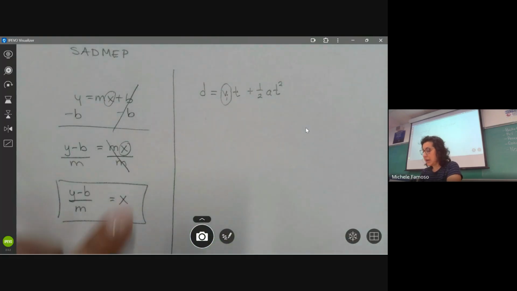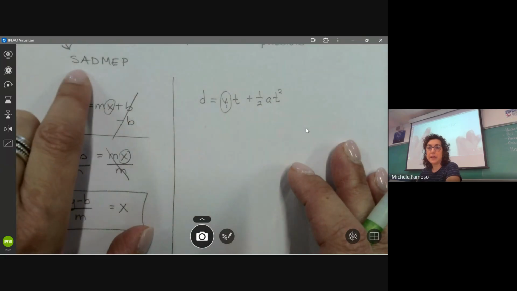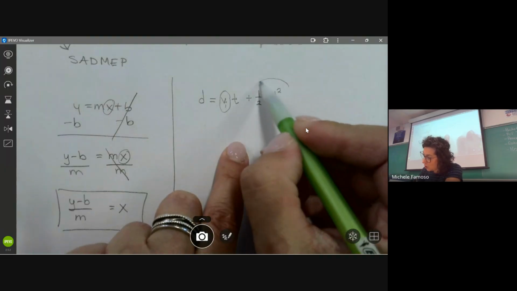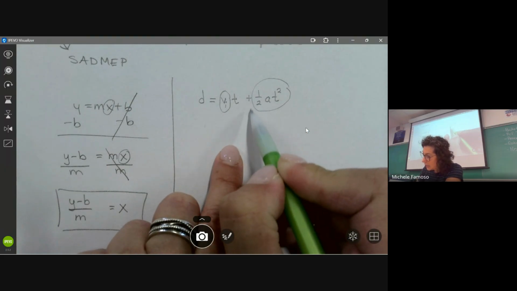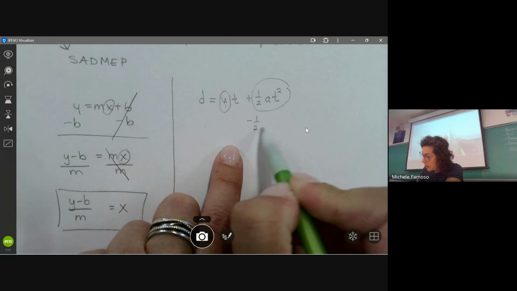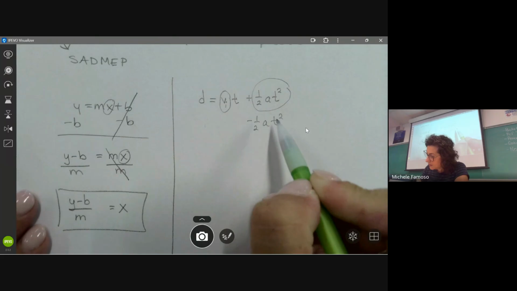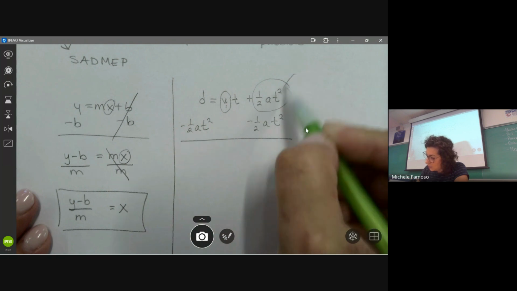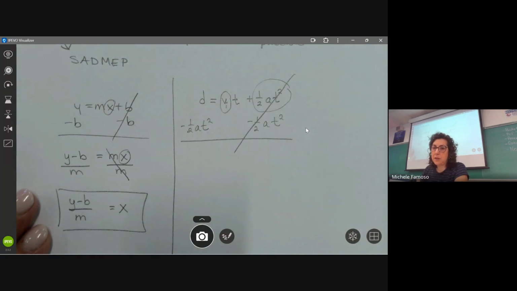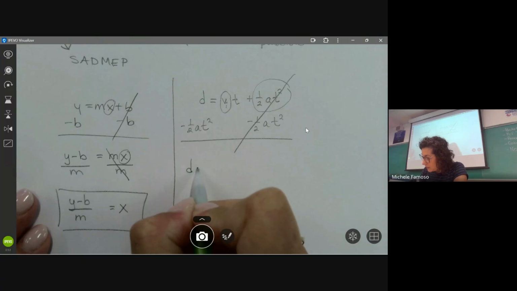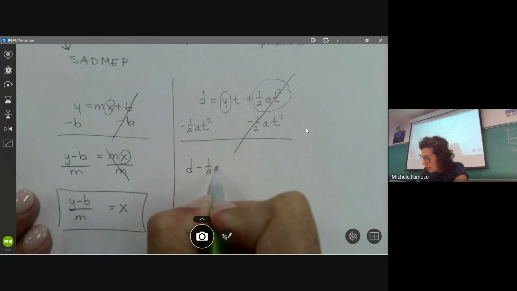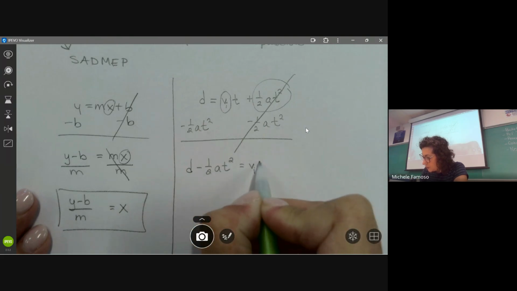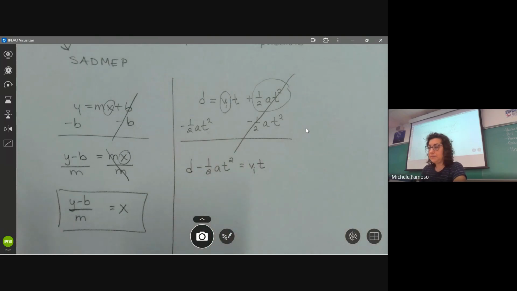So the first thing I have to do, again, thinking about SADMAP, is I have to undo anything that is subtracted or added. This is one term in the equation, and it's being added in. I can subtract the entire thing at once from both sides. So that is now gone from the right side of the equation, leaving me with d minus 1/2 a t squared is equal to v subscript I times t.